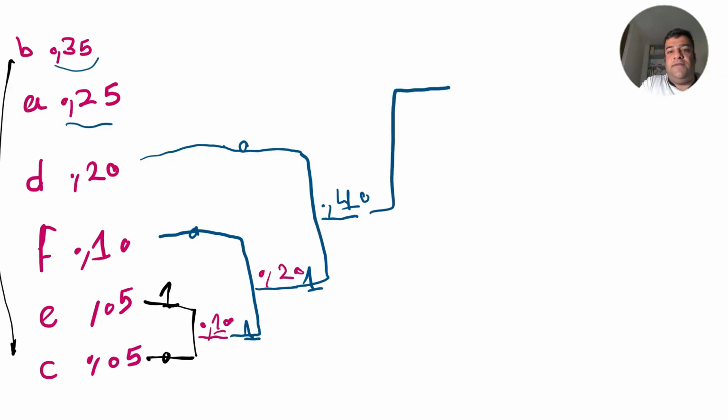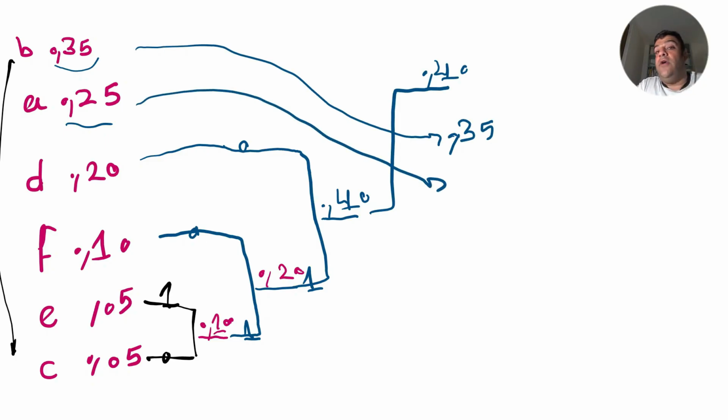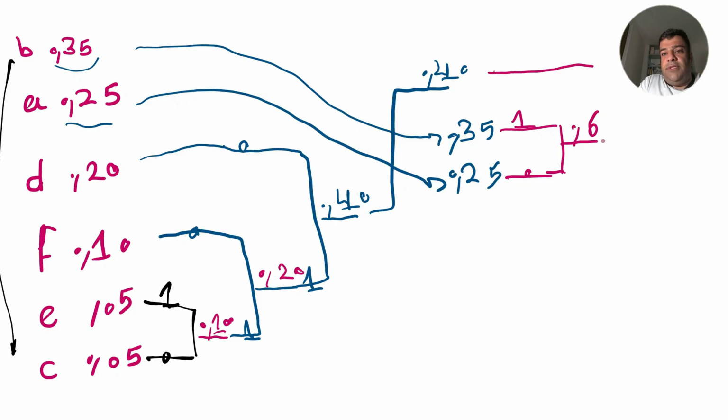We must first write 40% and 10, 25%, and after that, as I told you, we must order all of these. Right now we can merge these two values together. For example, I write 1 for this and 0 for this, and if we add these, the probability is 60%. We also merge these, writing 0 and 1, and we achieve the root, the top of the tree. Yes?